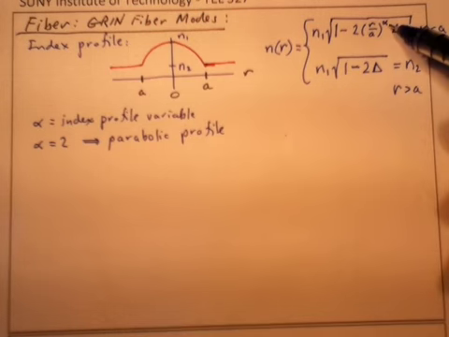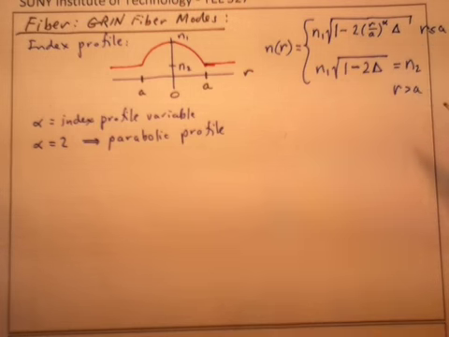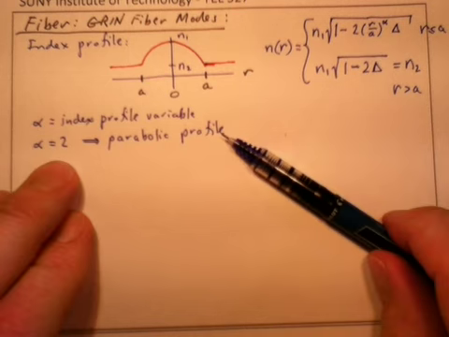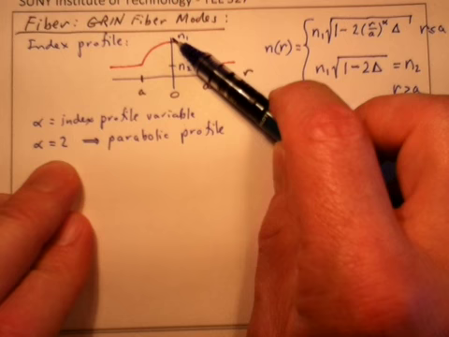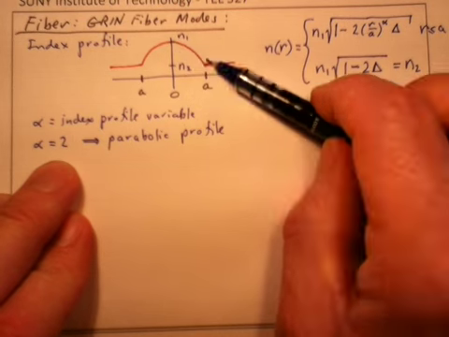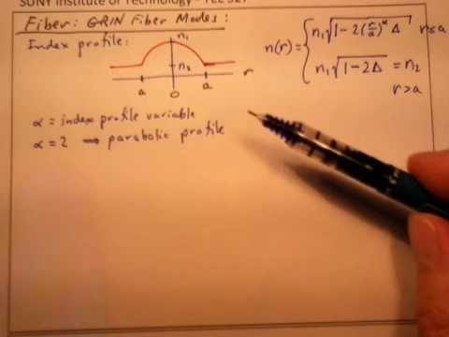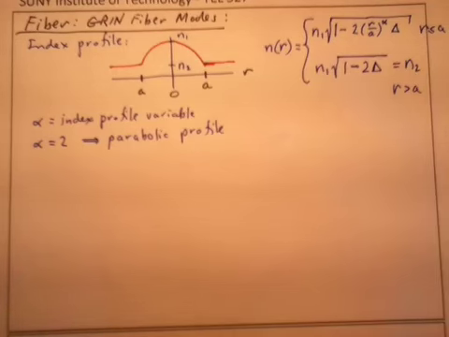But this equation gives us a variable alpha. We can vary the alpha and change the index profile. As alpha gets larger than 2, it sort of flattens out the top of this index profile. And if alpha goes less than 2, it sort of turns it into a sharper point at r equals 0.